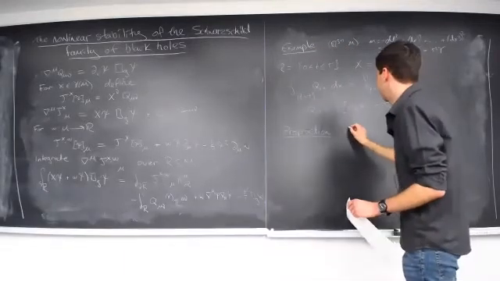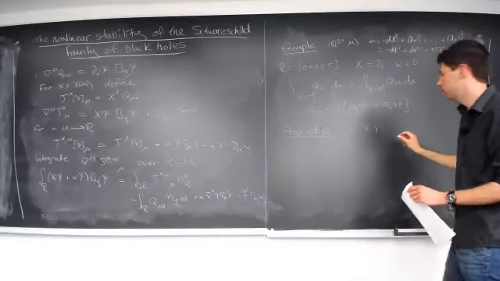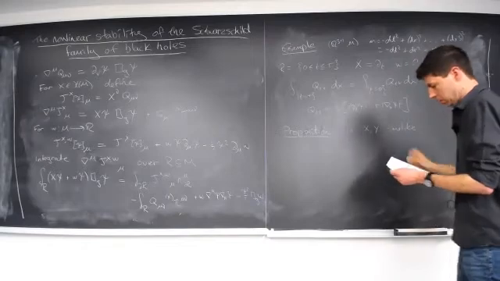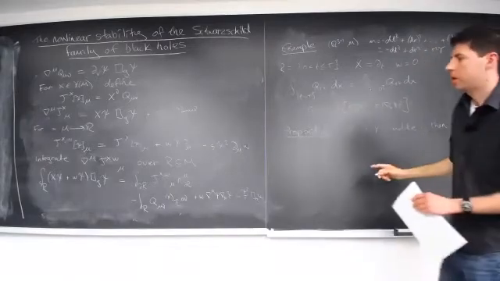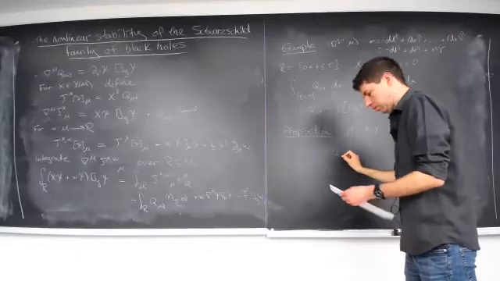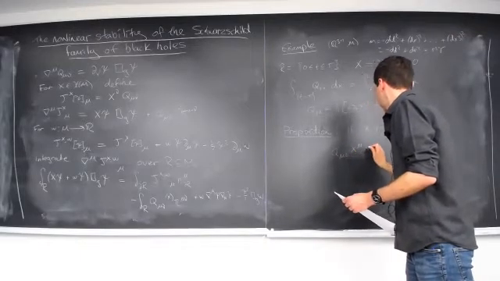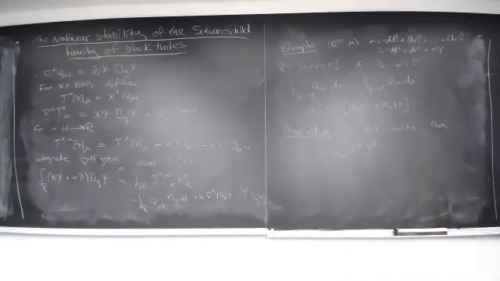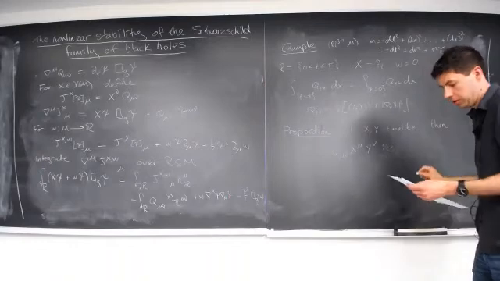So if we take two future-directed time-like vectors, X and Y, then when we contract the energy momentum tensor with these two vectors, we get something which is comparable to the local energy density.